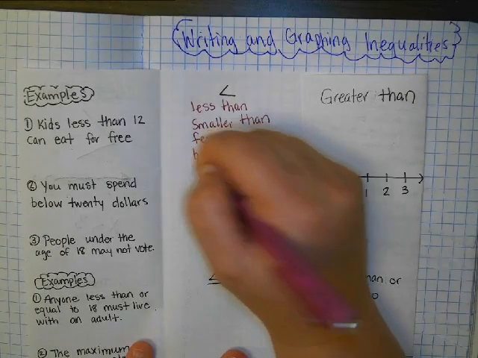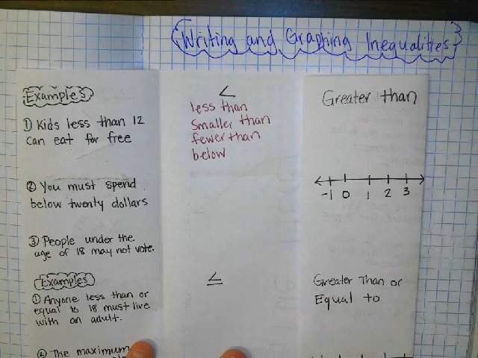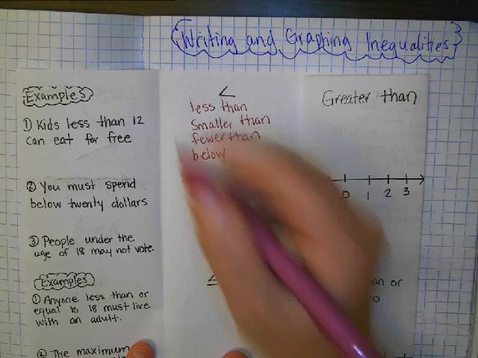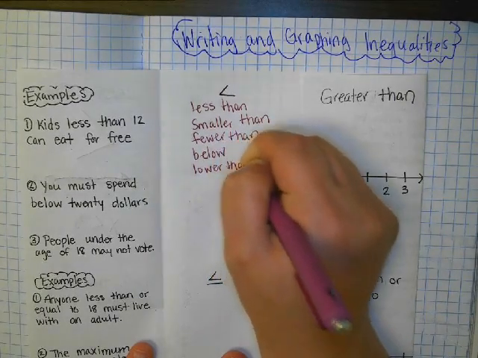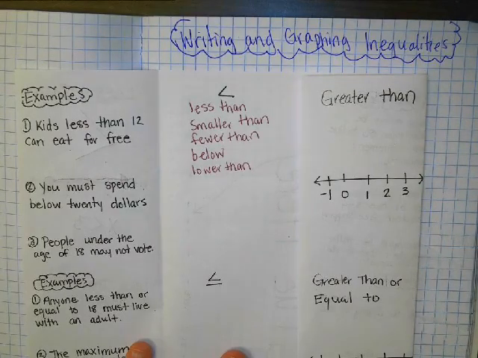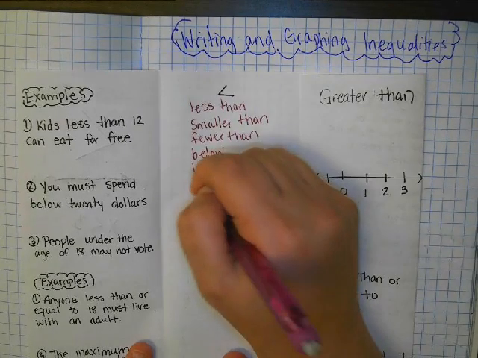Below. You must spend below $10. Lower than. The temperature must be lower than 4 degrees to cancel school. Under.